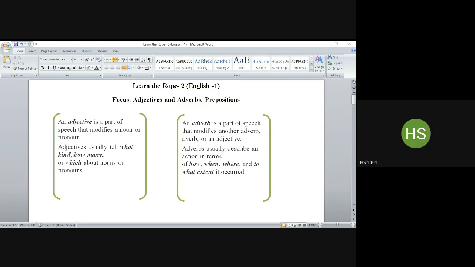Then small. Shape is not small. Okay, we'll keep oval. Then color: red, black, pink, blue. Okay, anything of your choice.